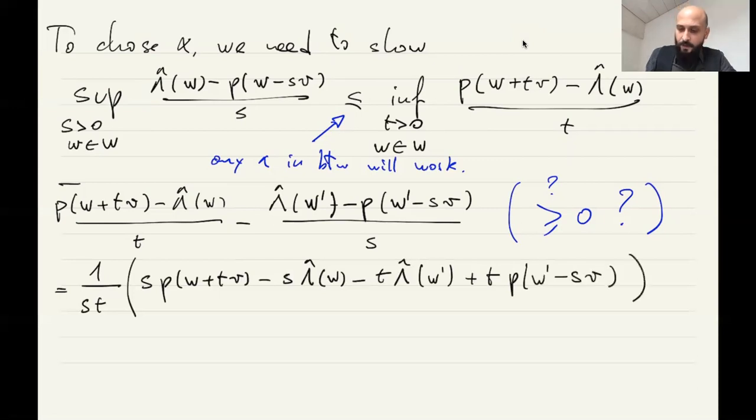Now I use the linearity of lambda. So this goes inside, and the vector sw plus tw prime goes inside. So what I'm saying is that all of this is equal to minus lambda hat of sw plus tw prime.